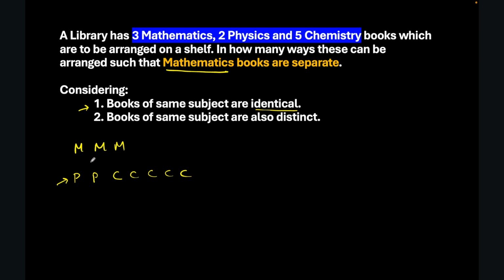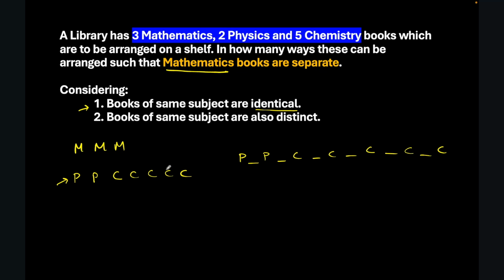This is the standard formula I'm going to follow step by step every time. So I'll do physics, dash, physics, dash, chemistry, dash, chemistry, dash, chemistry, dash, chemistry. How many chemistries do I have? Perfect. So I have the 2 physics and the 5 chemistries.